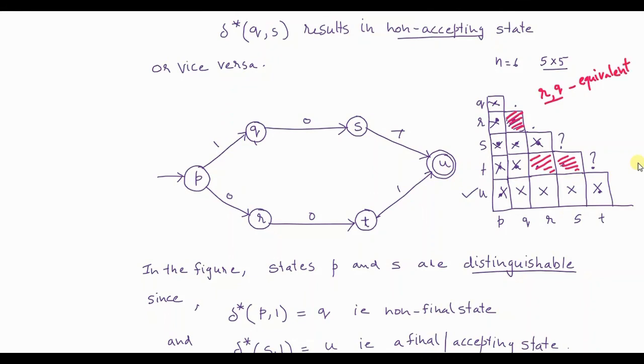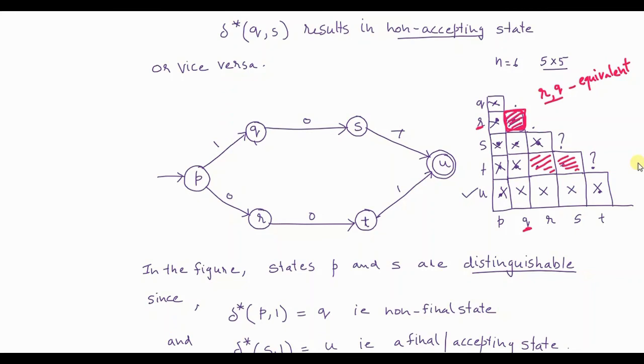Why? Because at the end of solving, we find that it is only this cell which we were not able to mark with X. That means R and Q are not found to be distinguishable. So we have already seen the terminology. Opposite of distinguishable is equivalent.